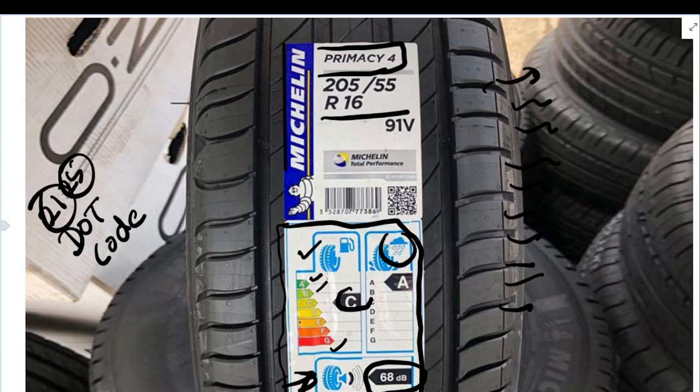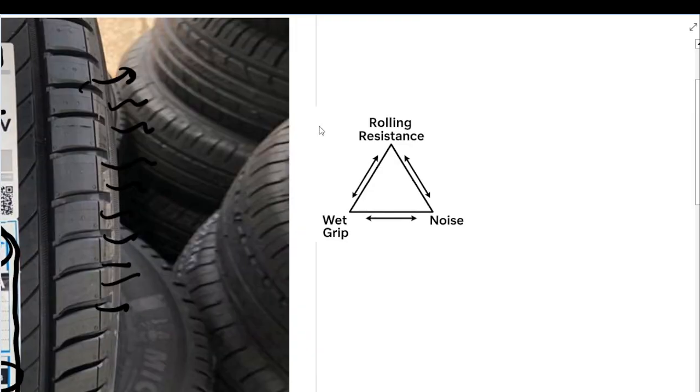So this tire seems to be a C label tire with the A class rating for wet grip index, which means it's very good for braking. So that makes it a good tire for noise also. I will say why. Ideally, how this labeling works is with this magic triangle of tires.